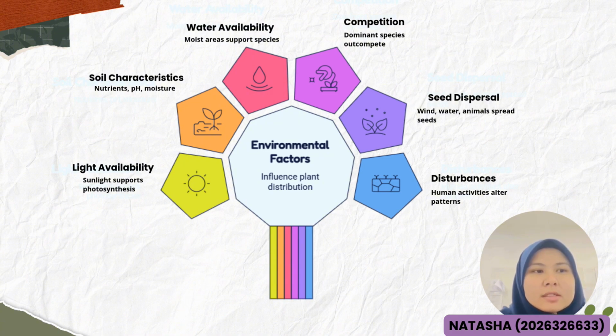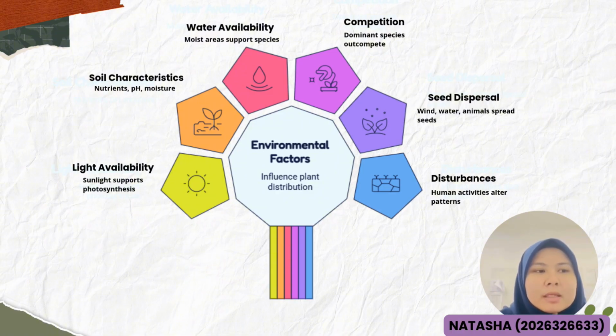Second, soil characteristics including nutrient availability, pH, moisture, and texture also influence plant growth. Fertile soils provide better conditions for plant establishment and support a greater variety of species. In addition, water availability plays an important role as moist areas can support more species than dry habitats where only drought-tolerant plants can survive.